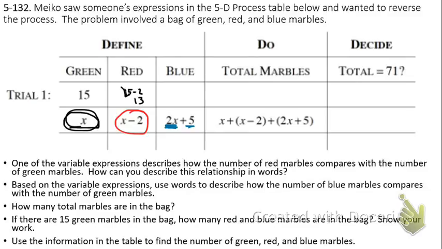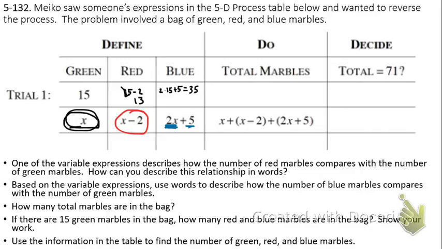So what does that mean for our guess above that we have? Well, if we had green was 15, twice that would be 30. And then plus a 5 would equal 35.